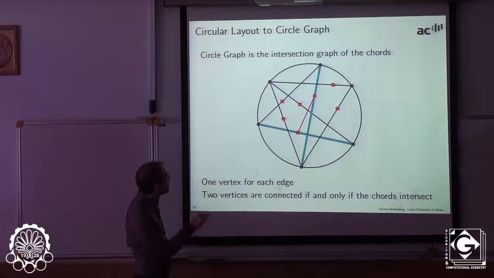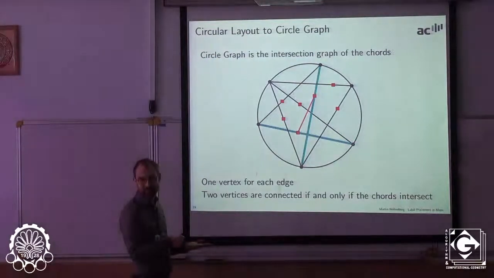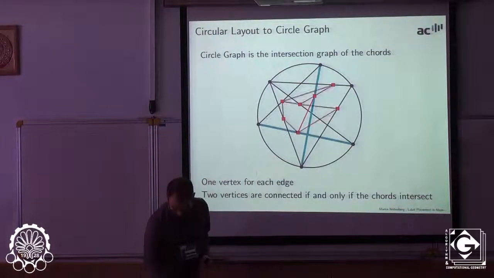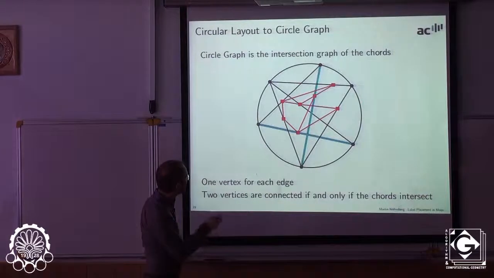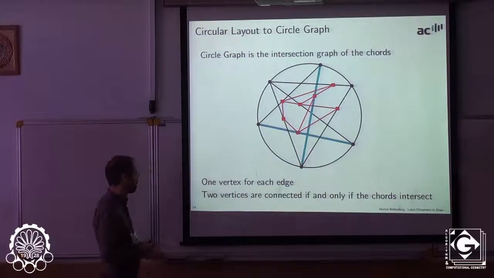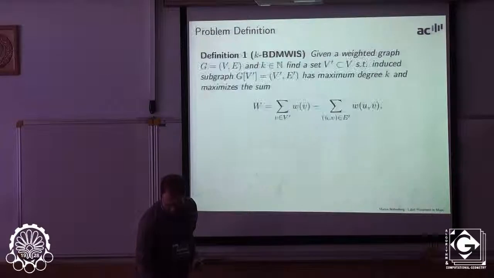Okay? So these 2 blue chords do intersect, so we have that red edge in the circle graph. Is it clear? Definition? Okay. So in total, I think this would be the chord intersection graph of that particular circular layout. And 2 vertices are connected if and only if the chords intersect.